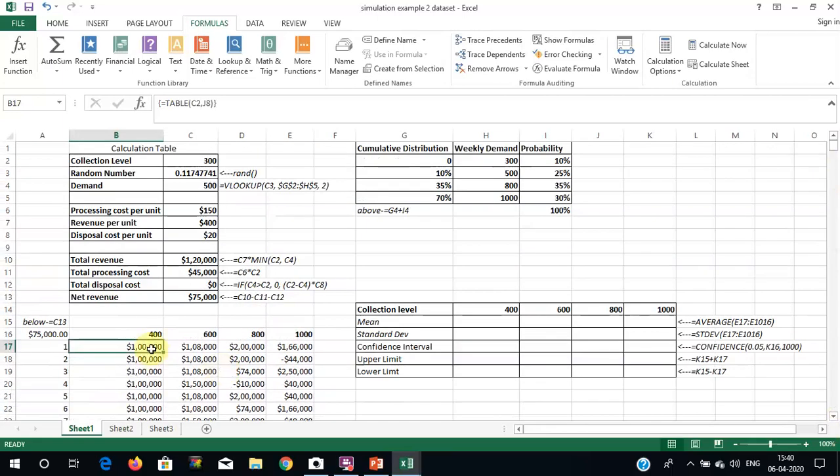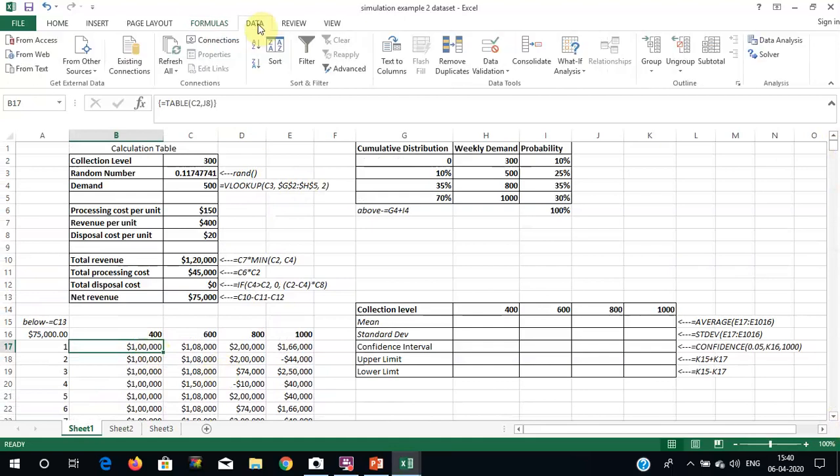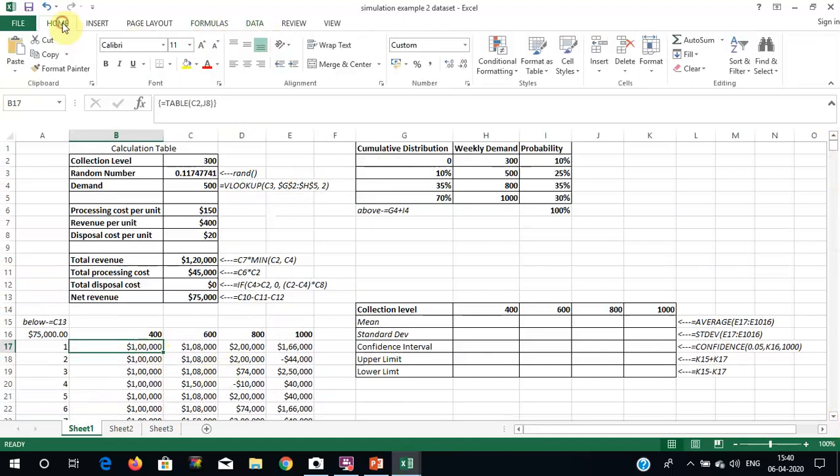There's a very simple thing called a data table. I create a data table and I select my input, and depending on 400, 600, 800 units, these are my net revenue.